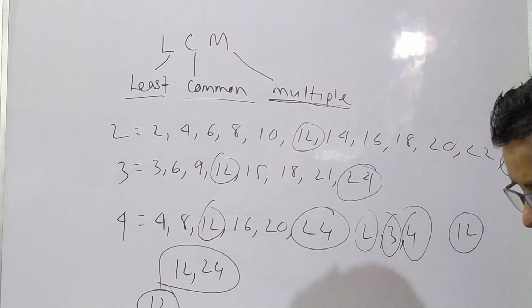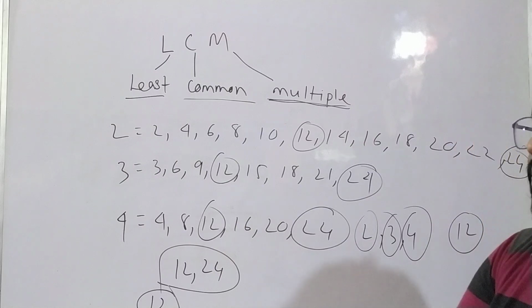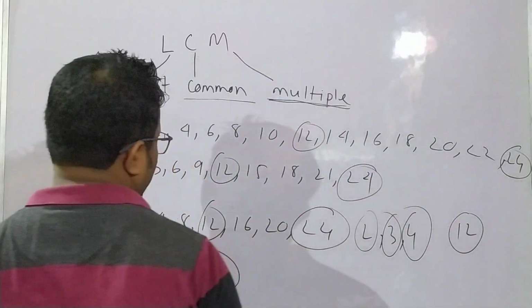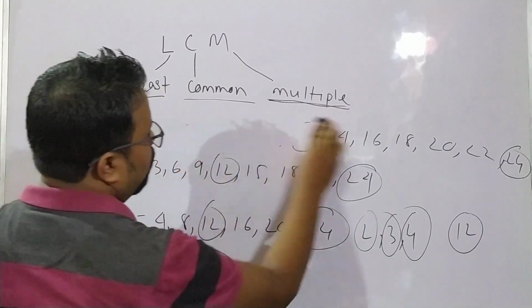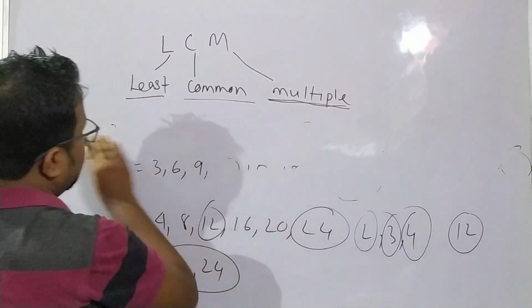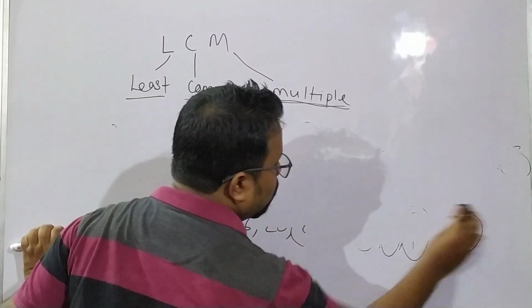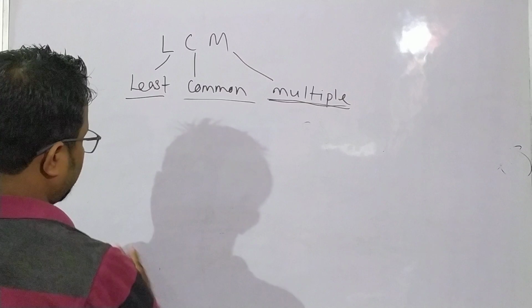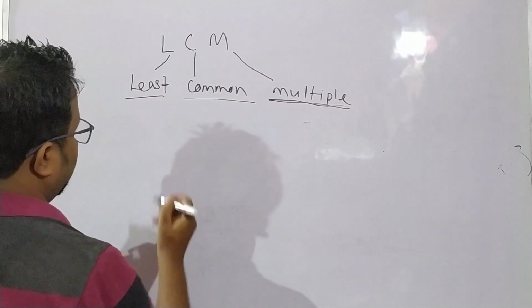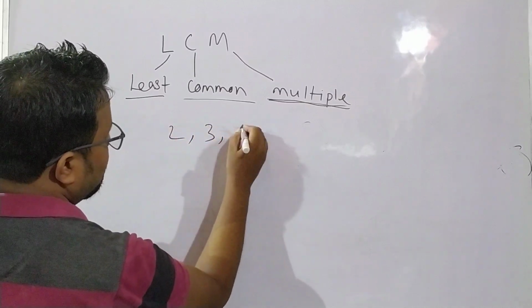Now, how to find the LCM with a shortcut? This is a little bit of a long method, so I am going to do the shortcut. For 2, 3 and 4, I am going to calculate the LCM. This is 2, this is 3, this is 4.